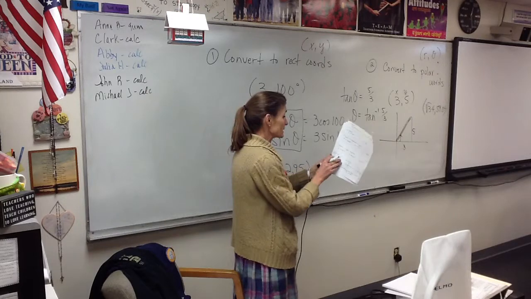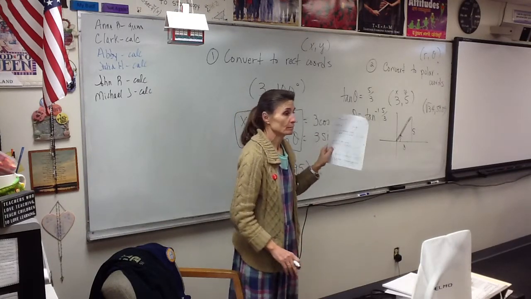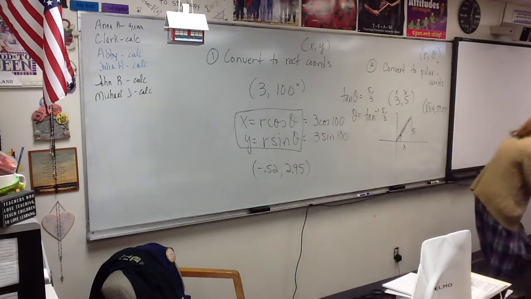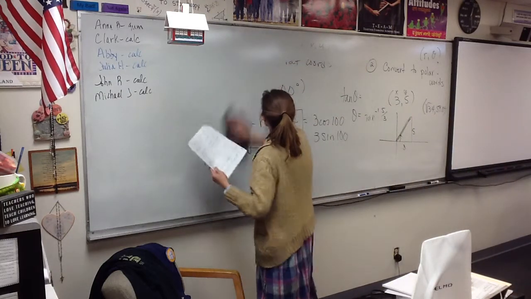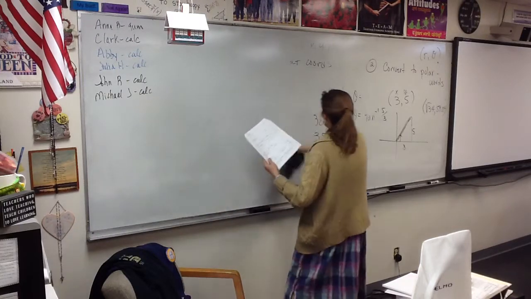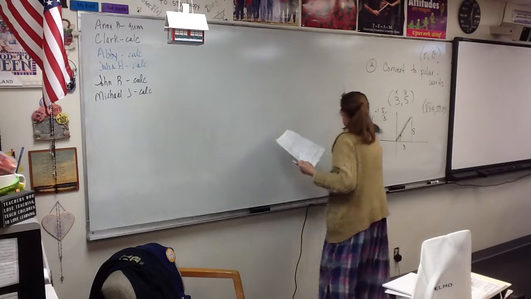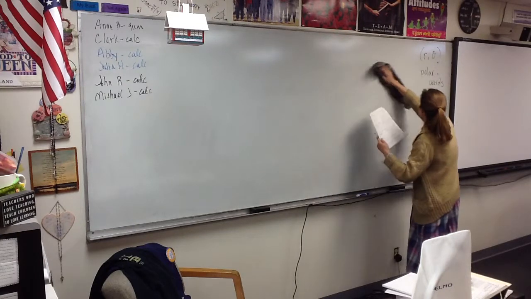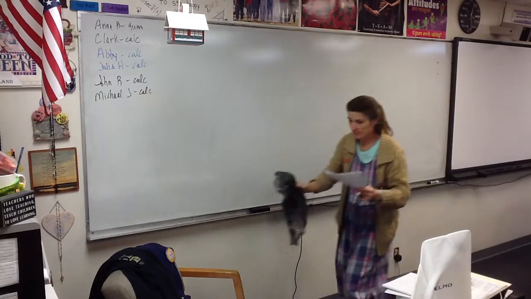We are now on 6.6, which is on the back of page 52. Now this first part is so easy, you will love it. The first part just says plot this. You're not gonna believe how easy this is.